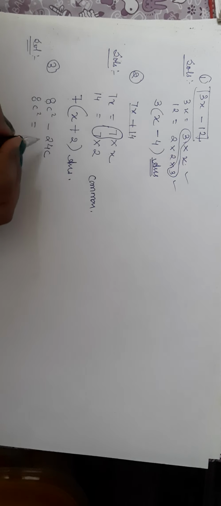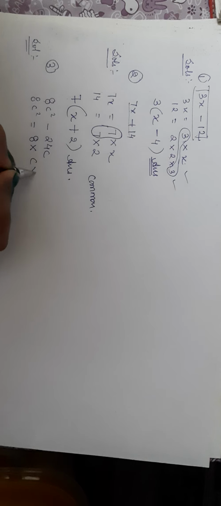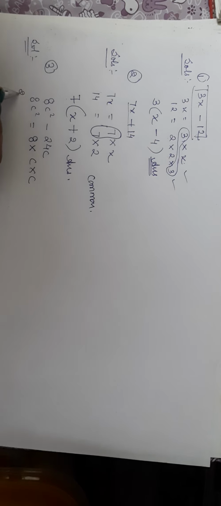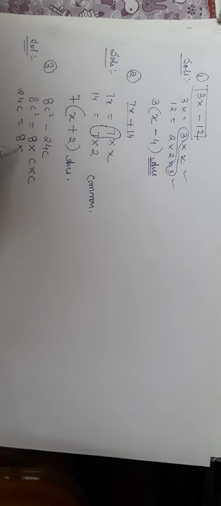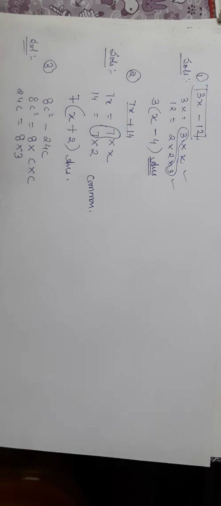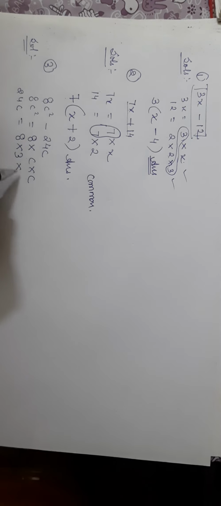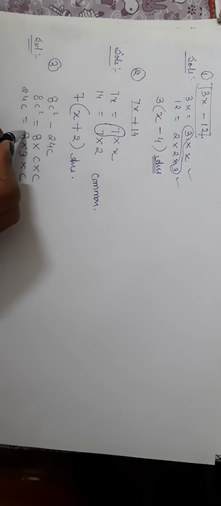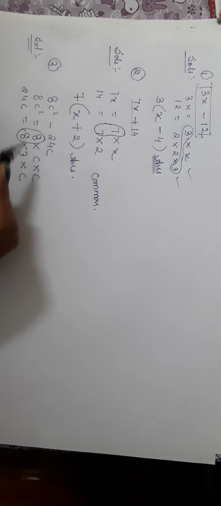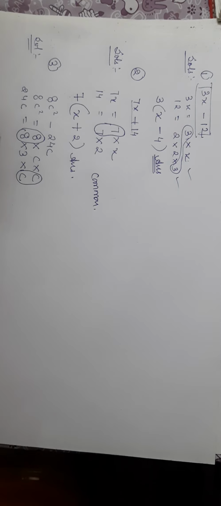You can write 8c square as 8 into c into c. Similarly, 24c you can write as 8 into 3 into c, since 8 threes are 24. In both the terms you have to find the common. From here, what is common is 8 and c. So what will be the answer?